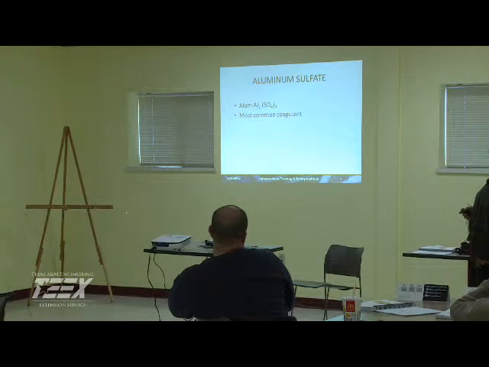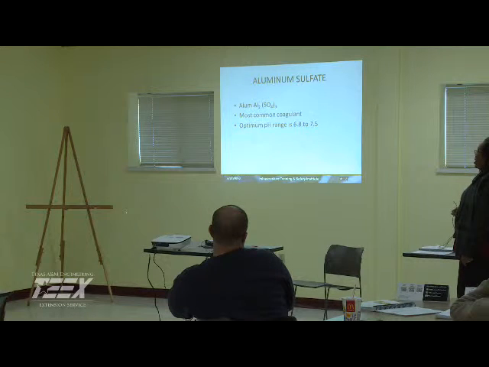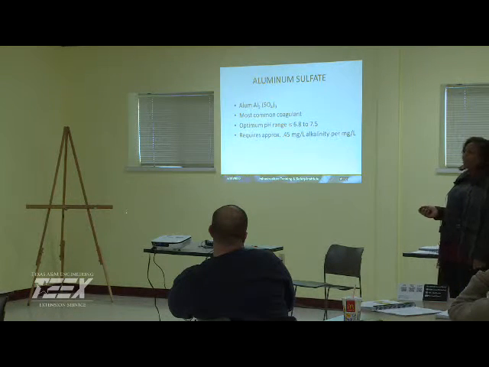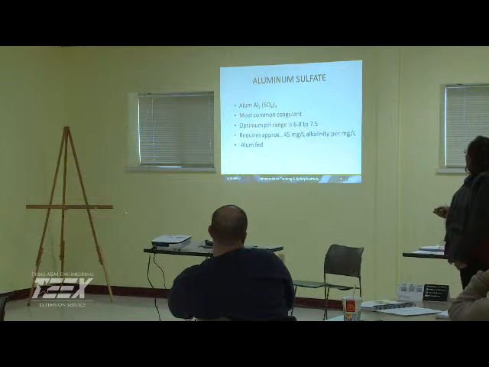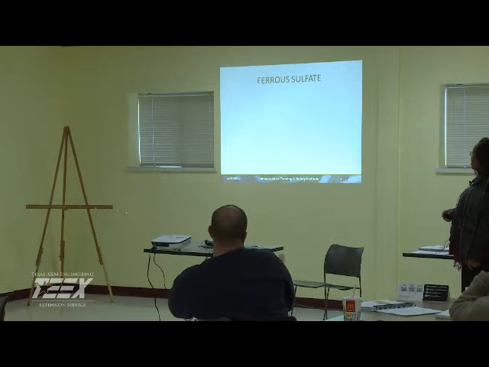Aluminum sulfate is one of the most common ones, and again, pH dependent. The optimum range for this one is 6.8 to 7.5. It requires approximately 0.45 milligrams per liter alkalinity per milligram per liter. Use fiberglass, rubber, or plastic lined tanks and pipes.